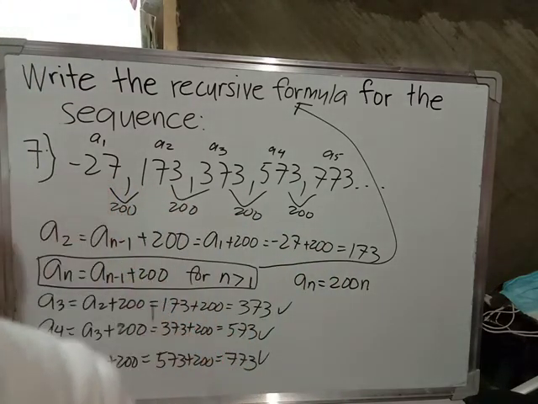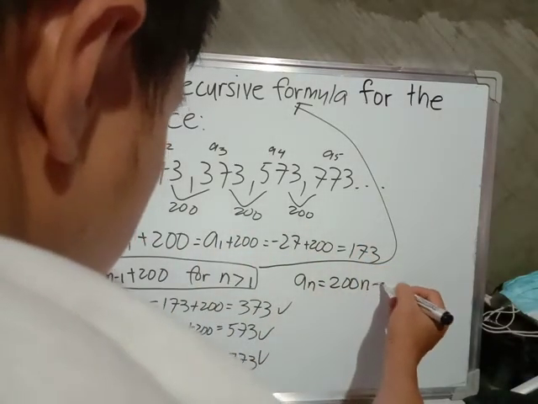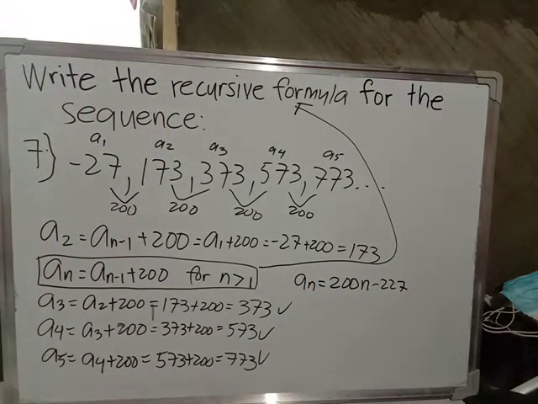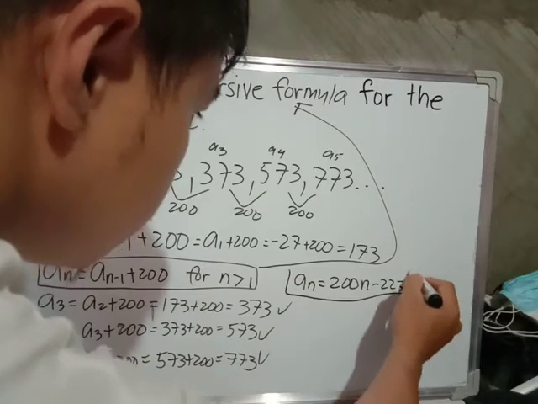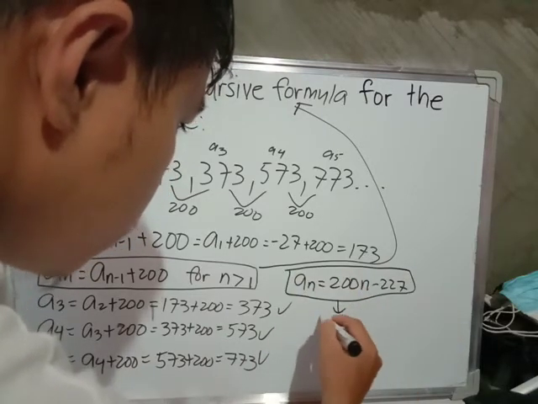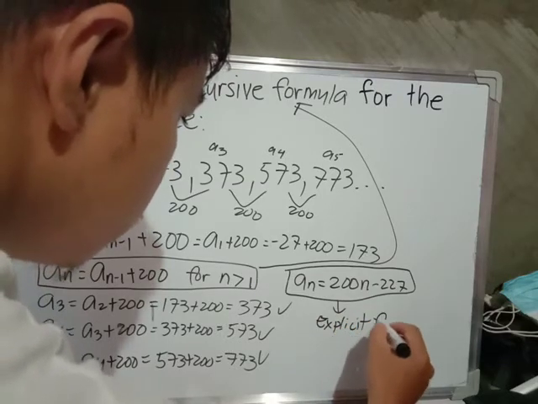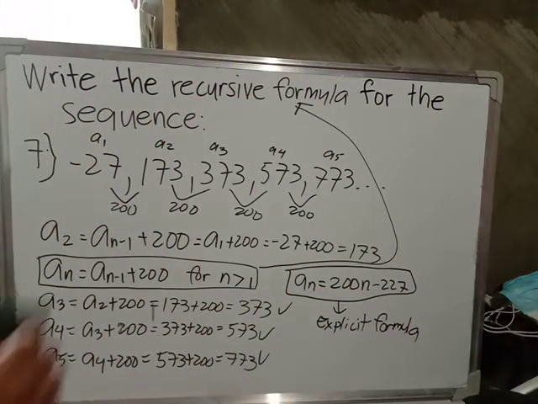Paano natin ma-achieve si negative 27? So it is negative 227. Minus 227. So ito po ang magiging explicit formula ng example number 7 natin na sequence. Explicit formula. Okay. Try natin yan.